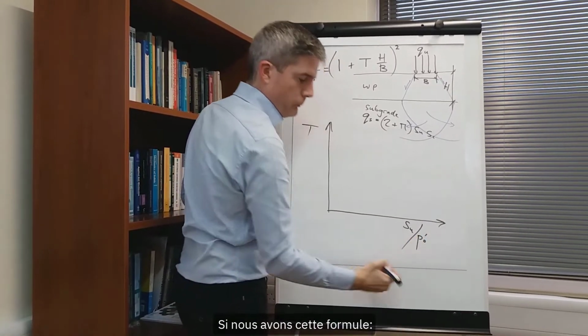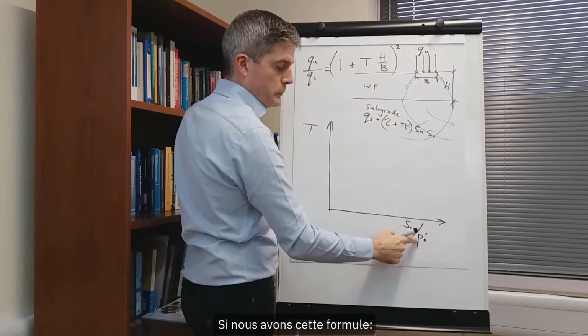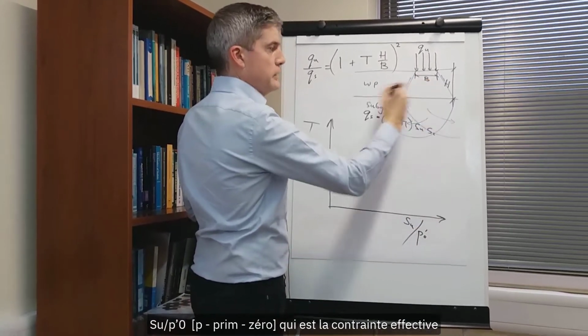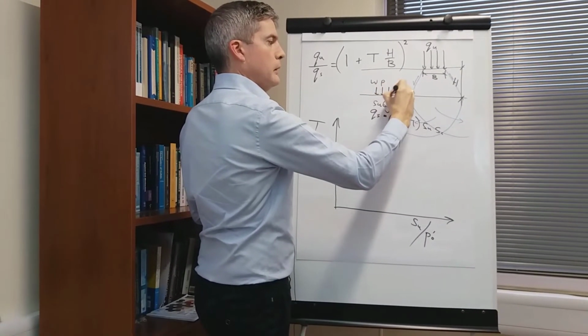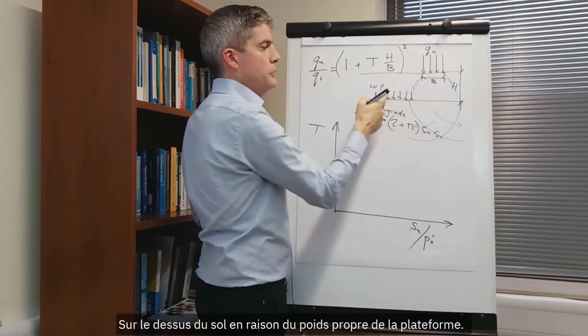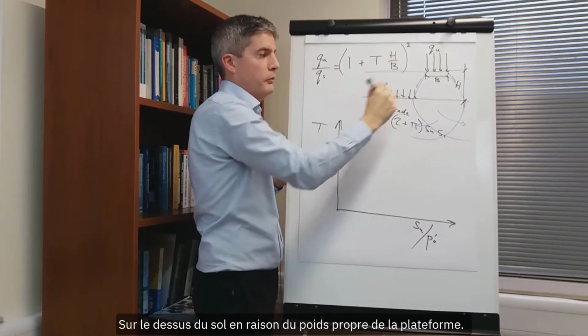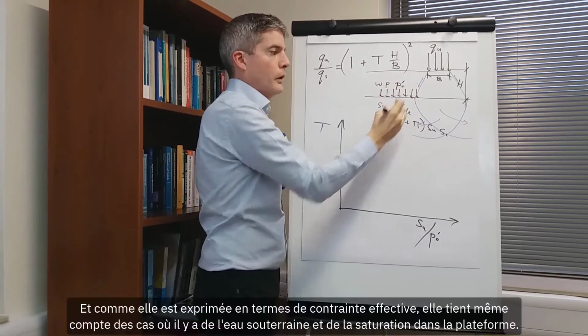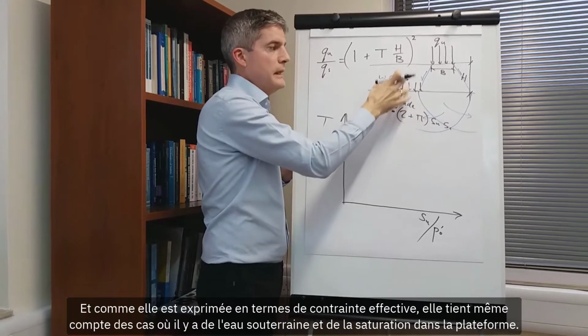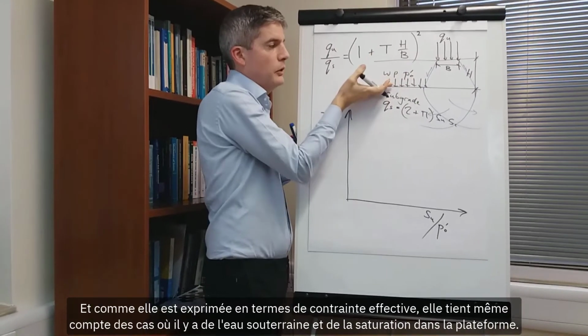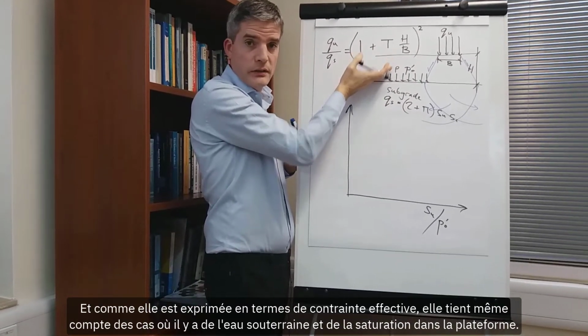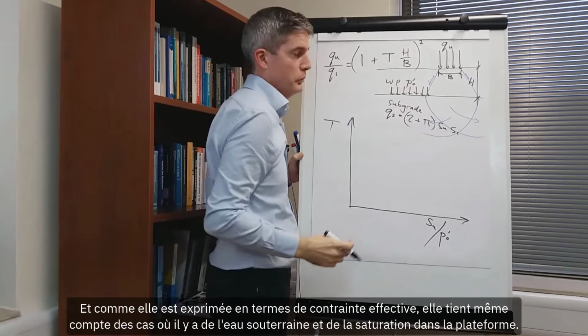We have this expression P prime 0, that is the effective stress on the top of the subgrade due to the self-weight of the platform. And because it's in terms of effective stress, it even takes account of cases where we have groundwater and saturation within the platform.